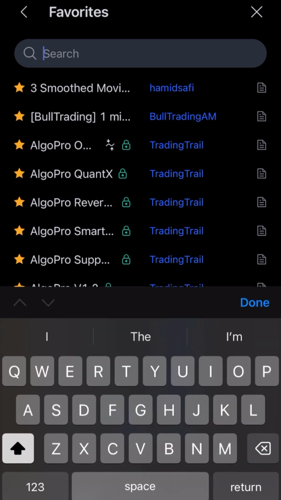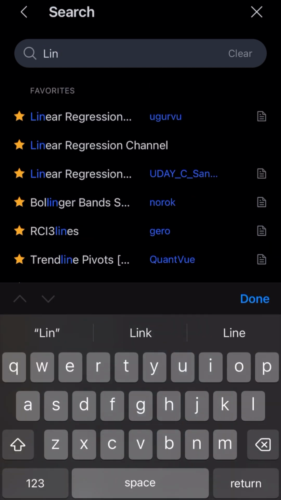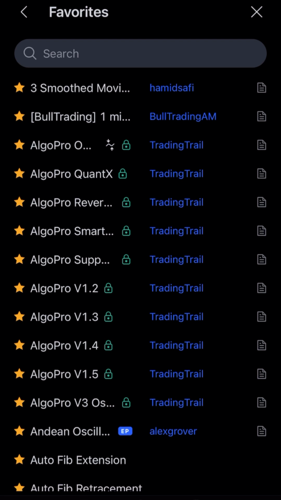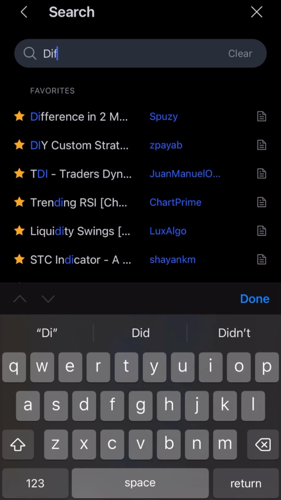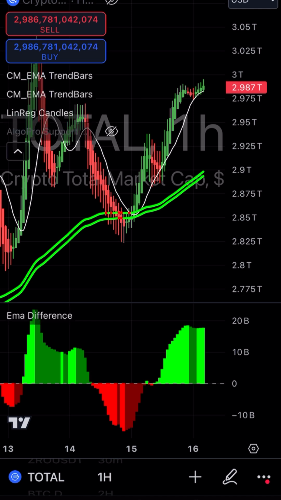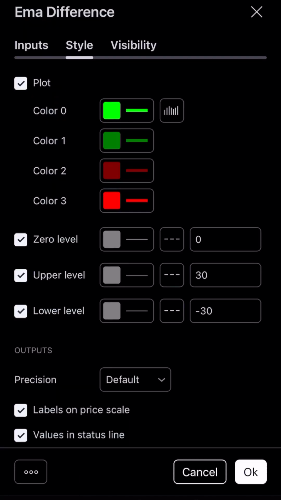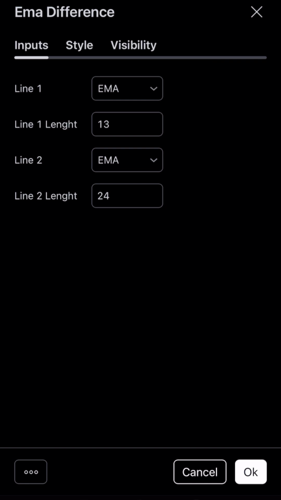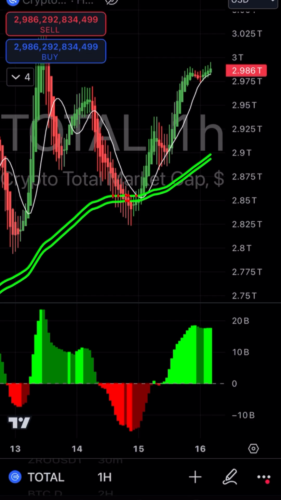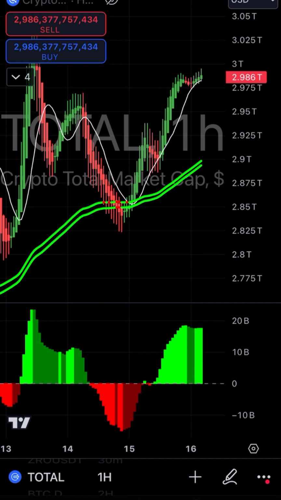And then you also have your linear regression, and once you have that, you'll be hiding the regular candles. Then you also have your difference of two moving averages right here, and you want to change your settings to 13 and 24. Those are the settings that you use.